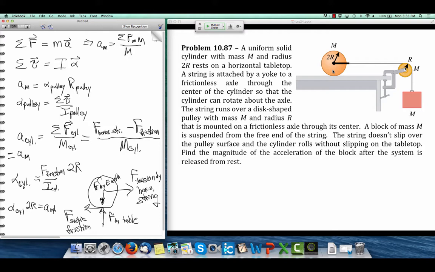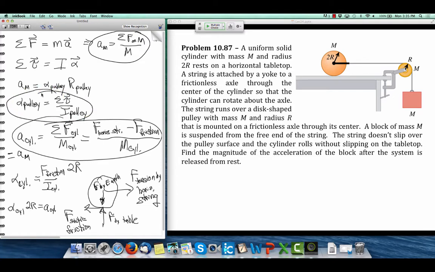If you have four unknowns, you're going to need four independent equations. And that's what these four equations of motion give you. One of them is for the mass. One of them is for the cylinder. One of them is for the pulley, rotational. And one of them is for the rotation of the cylinder.